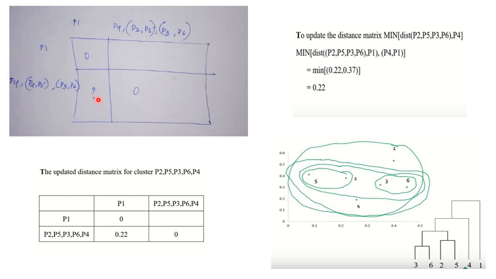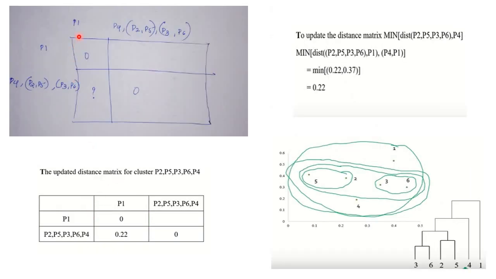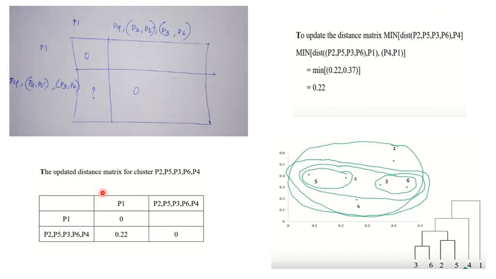I have to be seeing whether P1 is closer to P4. P1 to P4 is 0.37, or whether P1 is closer to P2, P5. P1 is closer to this one, that is 0.22. So 0.22 is smaller. So I replace this one with 0.22, and finally P1 will get merged with this.